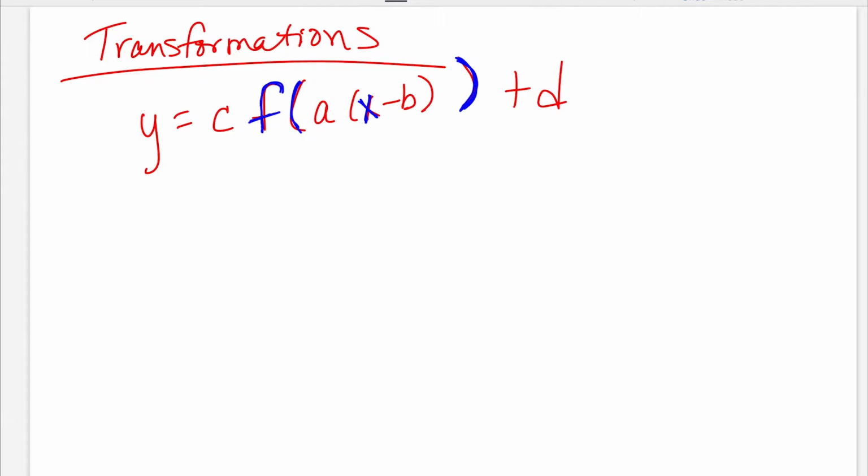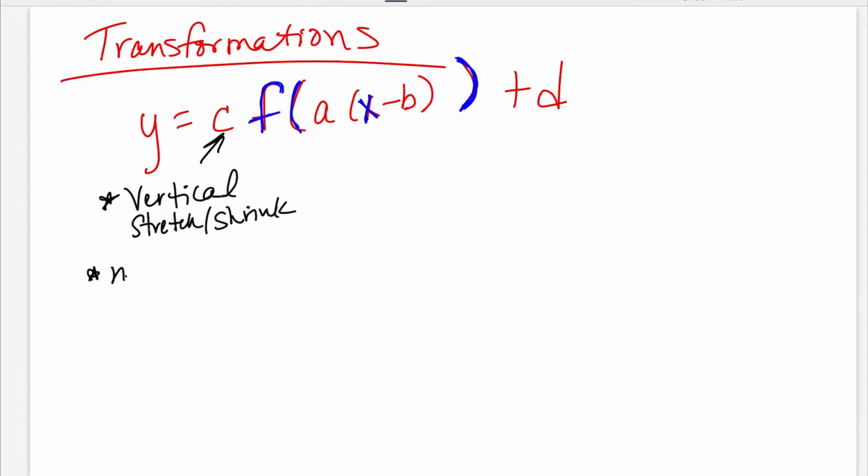So this C being outside of that f of x part, that talks about vertical. And if it's multiplied, do you guys remember what that is? Stretching and shrinking, good. This is vertical stretch and shrink.